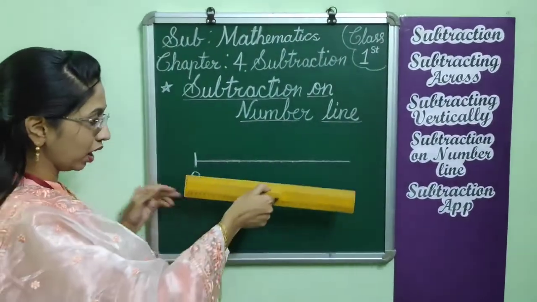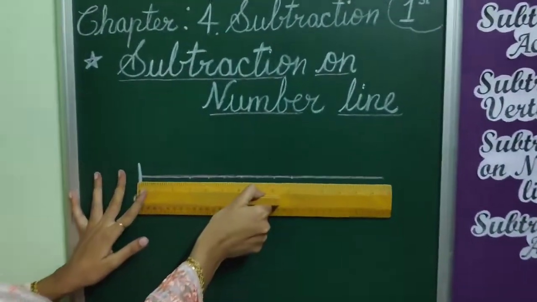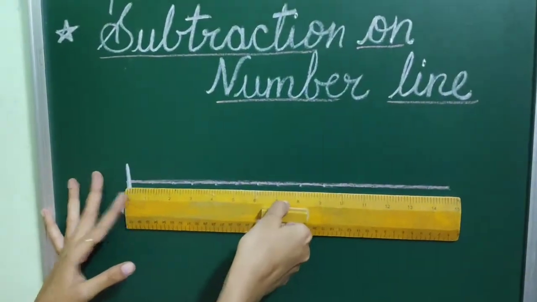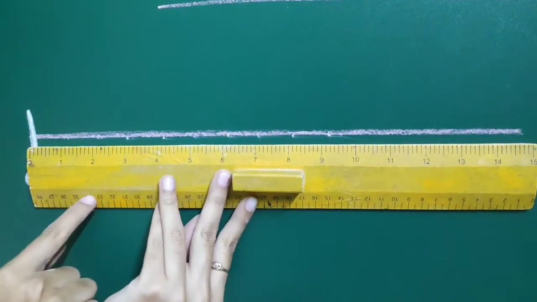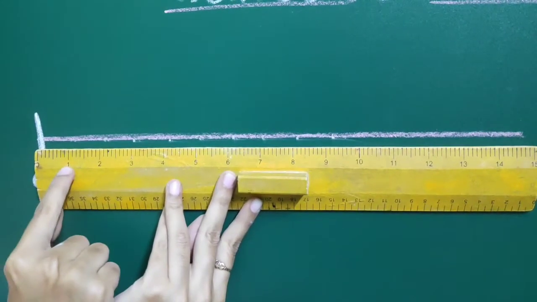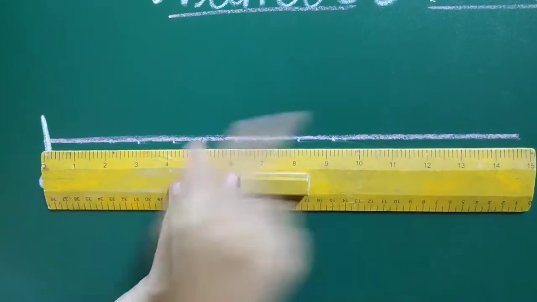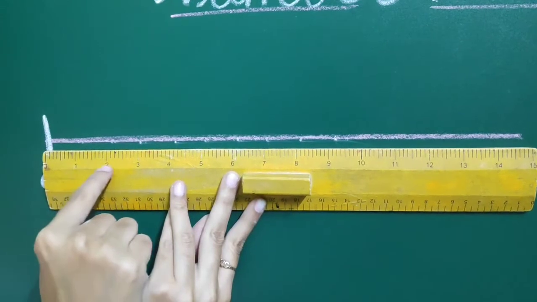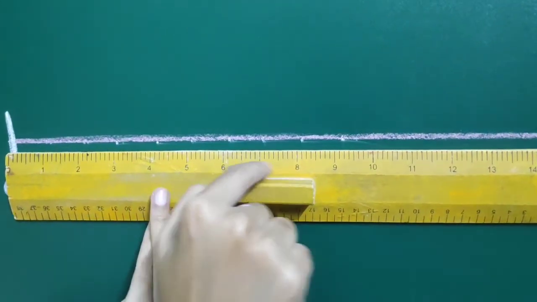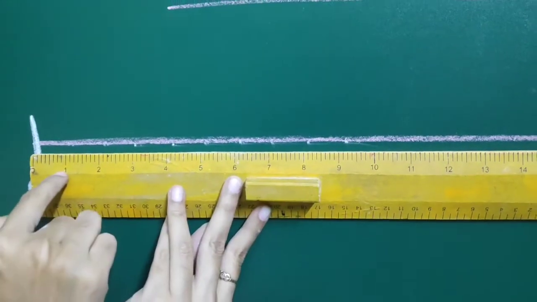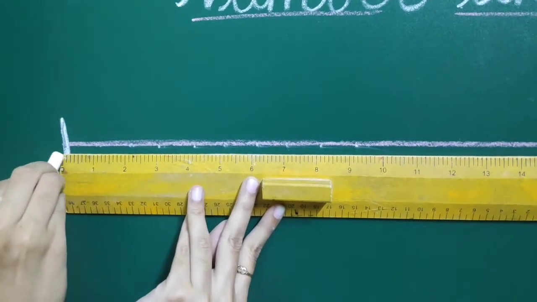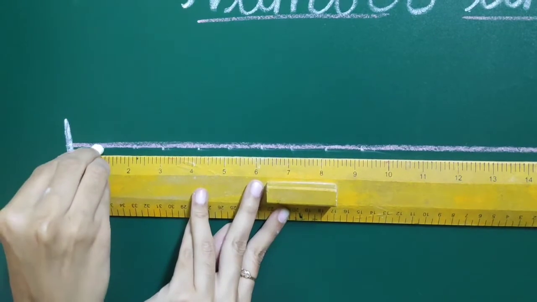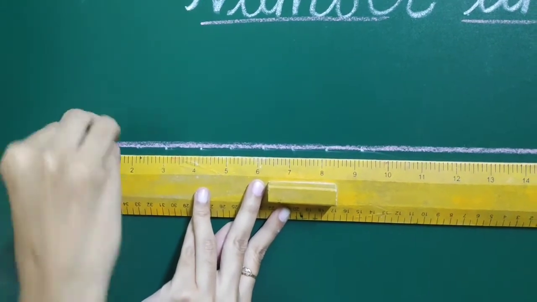See children, be careful and observe carefully how I am dividing the line in the 9 equal parts. Look at here children. Can you see the scale numbers, 1, 2, 3, 4, 5, 6, 7, 8, 9? On the same number, see here the starting point I kept 0 point. Now 1, you have to just mark it on the number line.